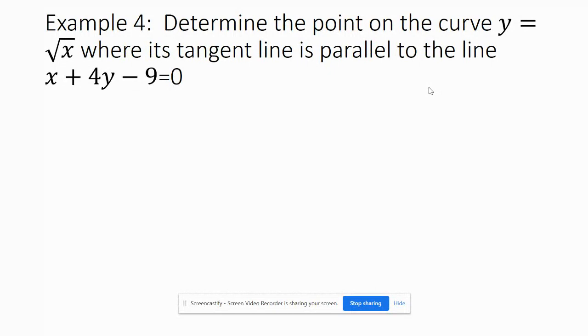Determine the point on the curve y equals square root of x where its tangent line is parallel to the line x plus 4y equals negative 9. Okay, so a bit of review from Math 10. Parallel lines have equal slopes.